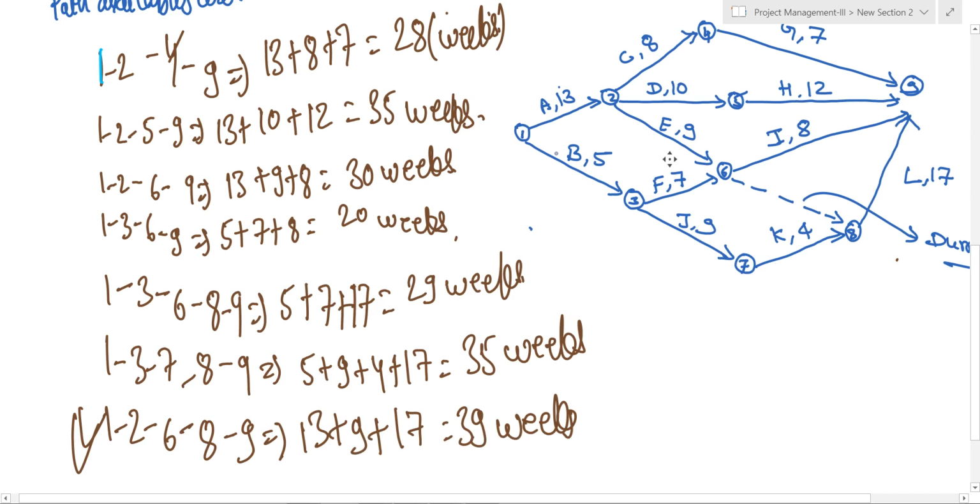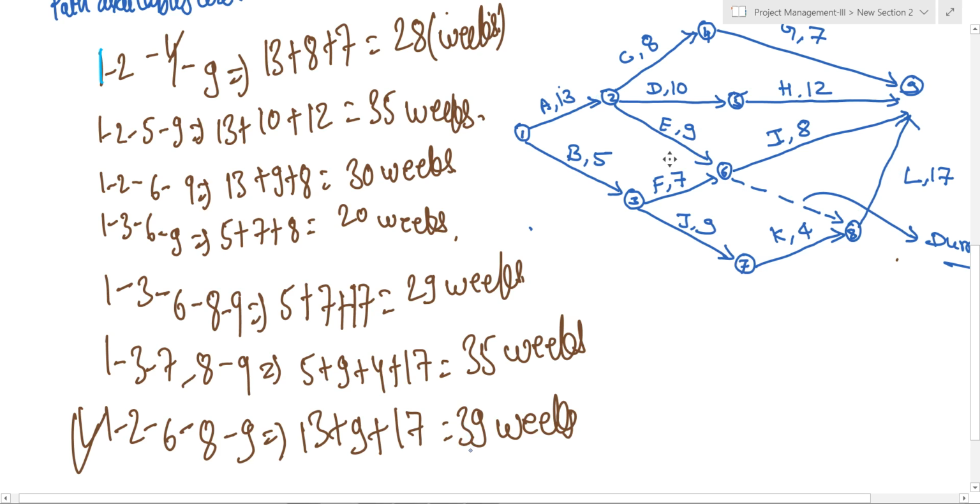So here you can see 1 to 2, 2 to 6, 6 to 8, 8 to 9. If I add all these values, 1 to 2 is 13, then 9, plus 0, plus 17, which equals 39 weeks.